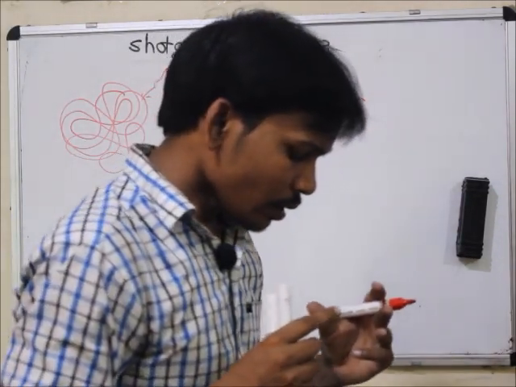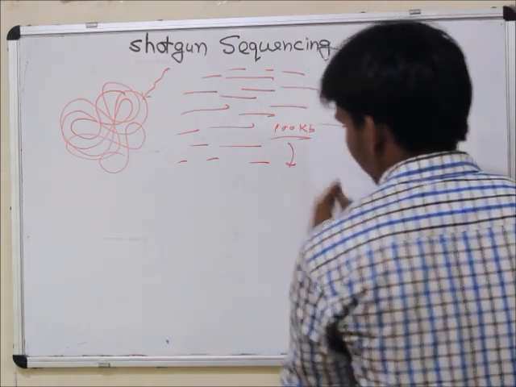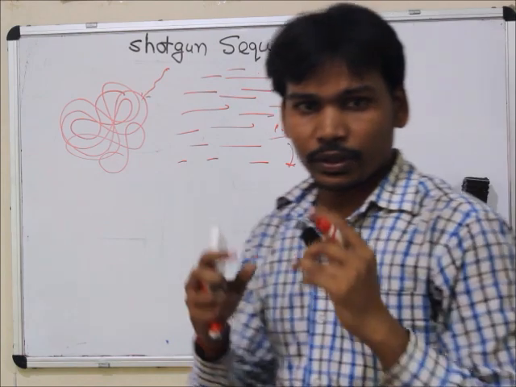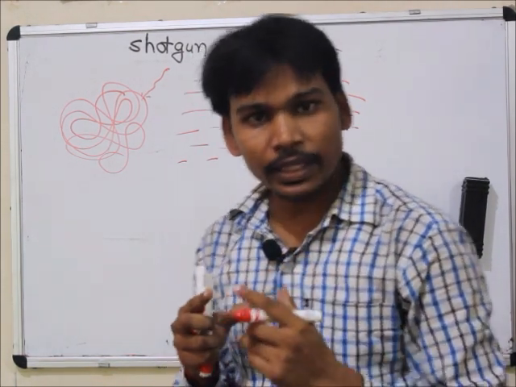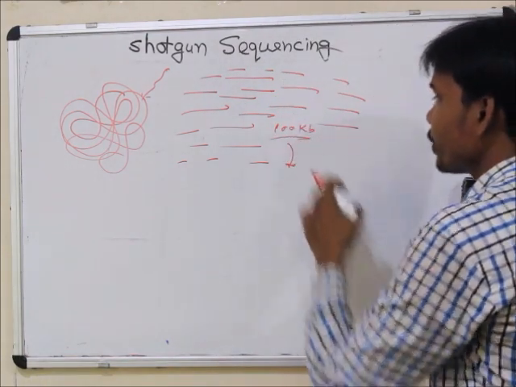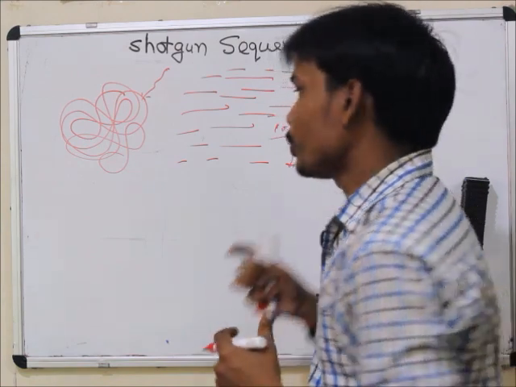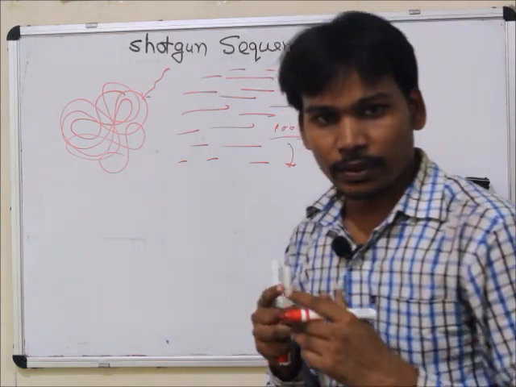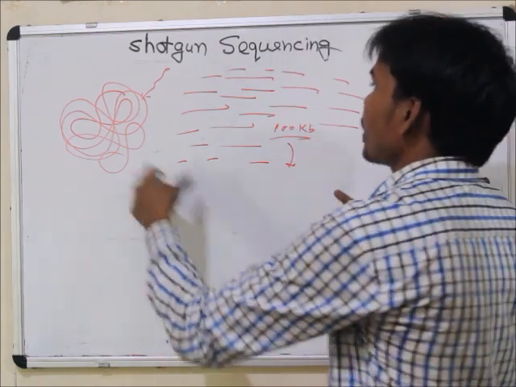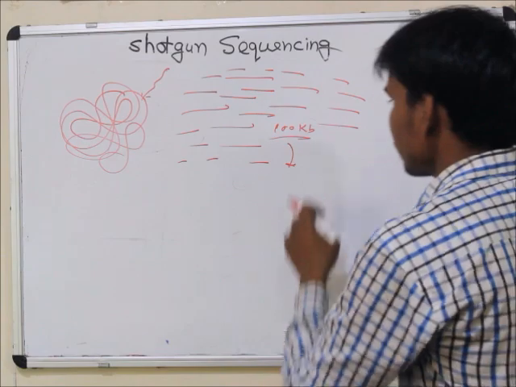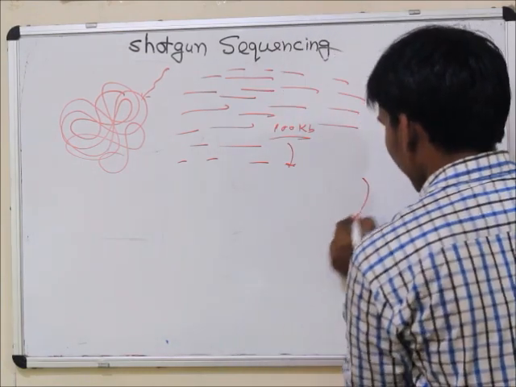Then these 100 kb sequences are cloned. Where are they cloned? In bacterial artificial chromosomes, because bacterial artificial chromosomes can carry 100 to 200 kb DNA fragments. If you do not know about cloning, please go back to the cloning topic. Then come back to shotgun DNA sequencing.